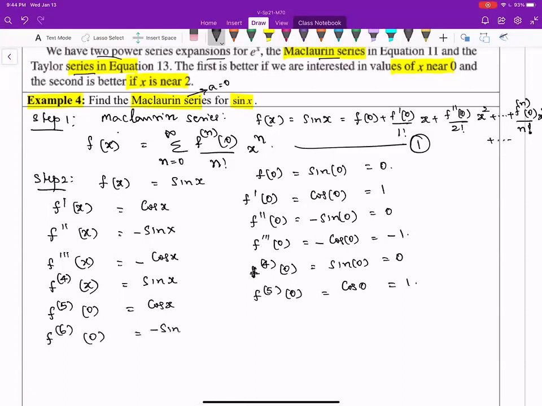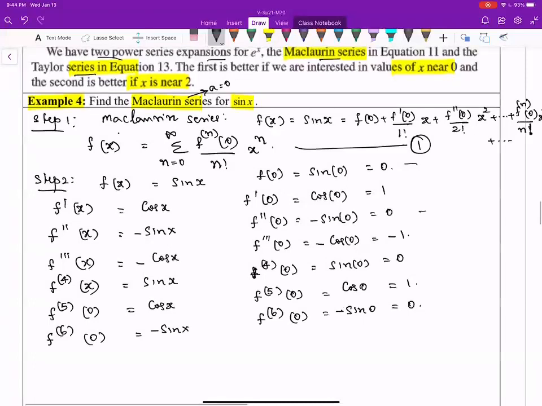This is negative sine x. So the sixth derivative at 0 is negative sine 0, which is equal to 0. If you notice the pattern, the terms for the first, third, fifth, seventh and so on are nonzero, while the even ones are 0.